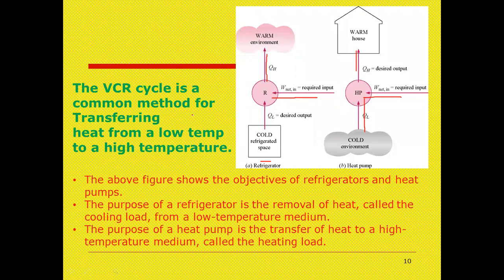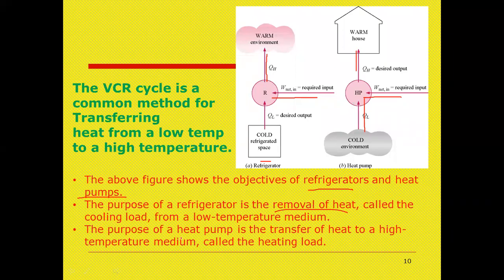Got it? The above figure shows the objectives of a refrigerator and heat pump. The purpose of a refrigerator is to remove heat, called the cooling load. So technically, the purpose of a refrigerator is the removal of heat, called the cooling load, from the low temperature medium to the high temperature medium.